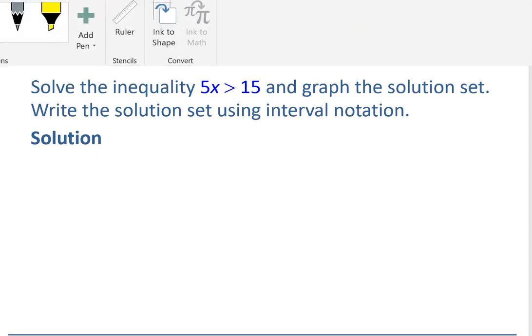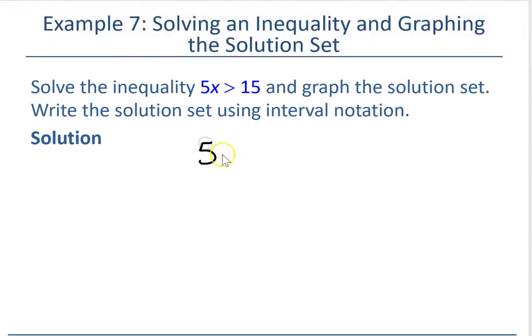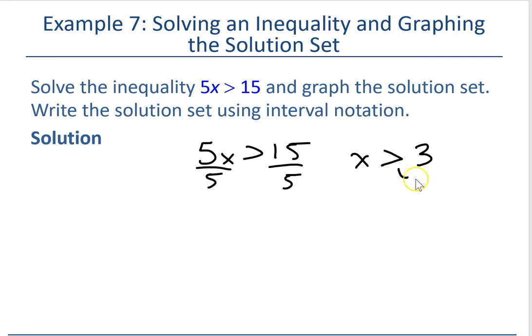Let me rewrite this as 5x is greater than 15. If that was an equal sign, you know exactly what to do. Same rules here. Divide off the 5, and you get x is greater than 3. Notice there is not an equal sign in there, so this is going to be open.